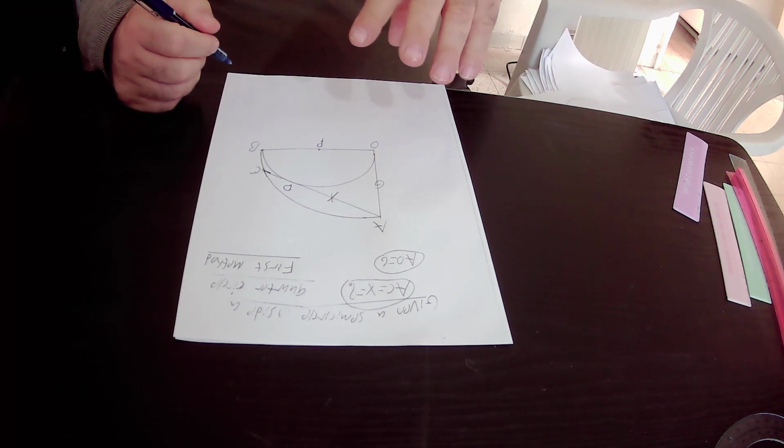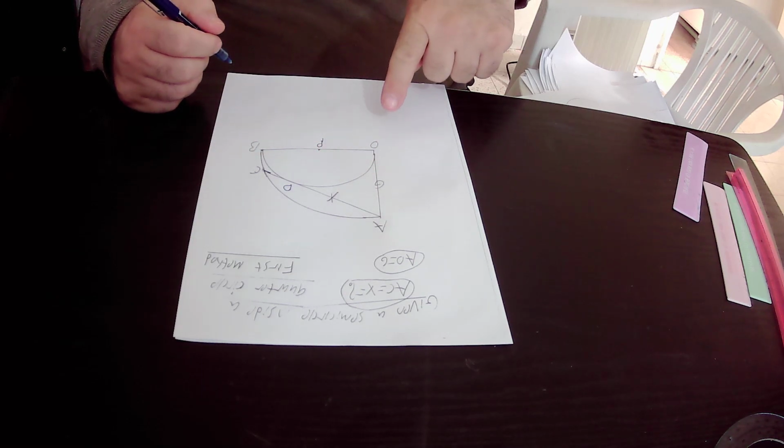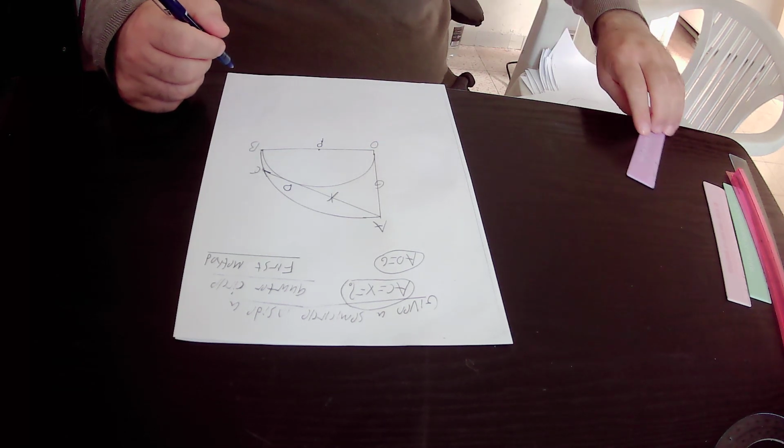Actually, because this is a quarter circle, it means that point O is the center of the quarter circle, and this angle equals 90 degrees.